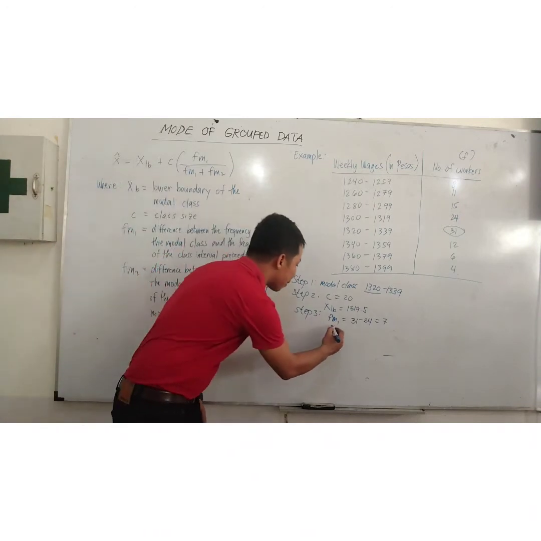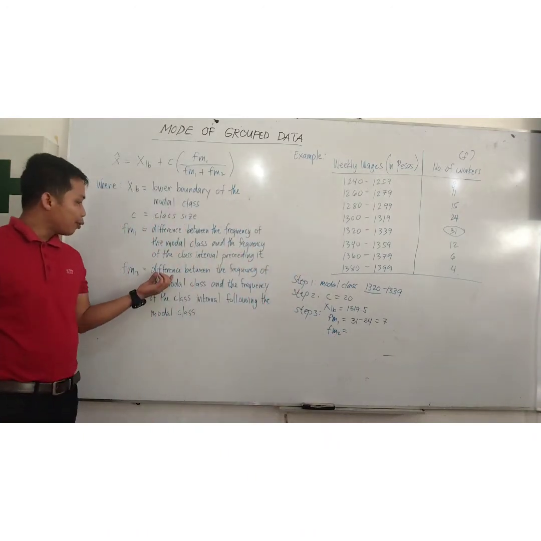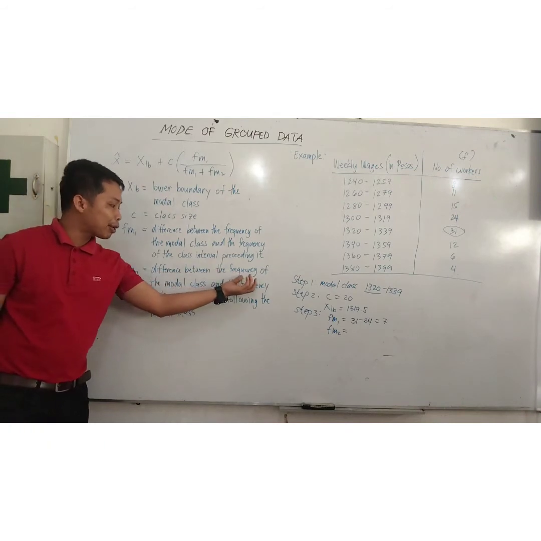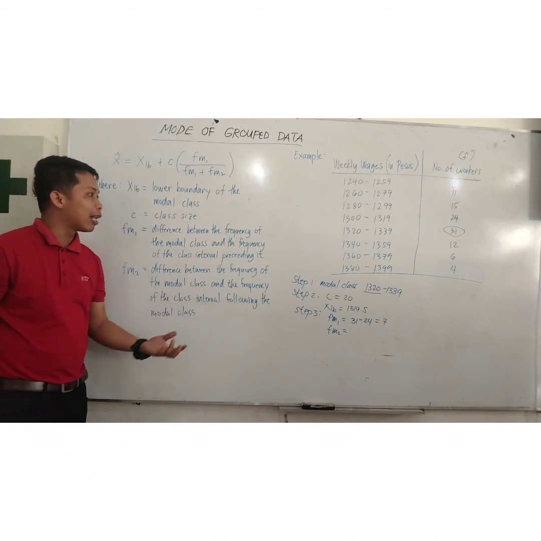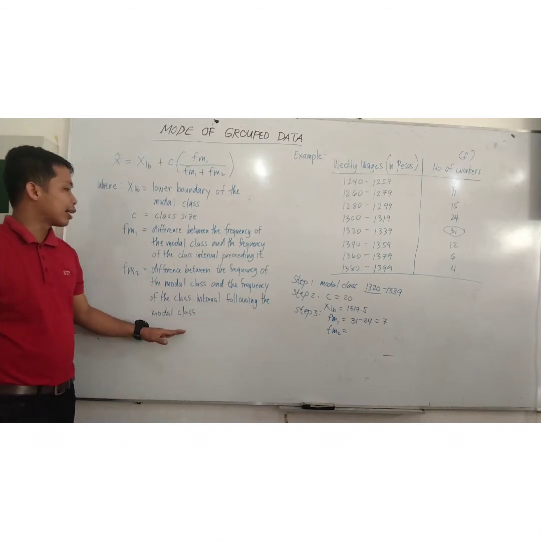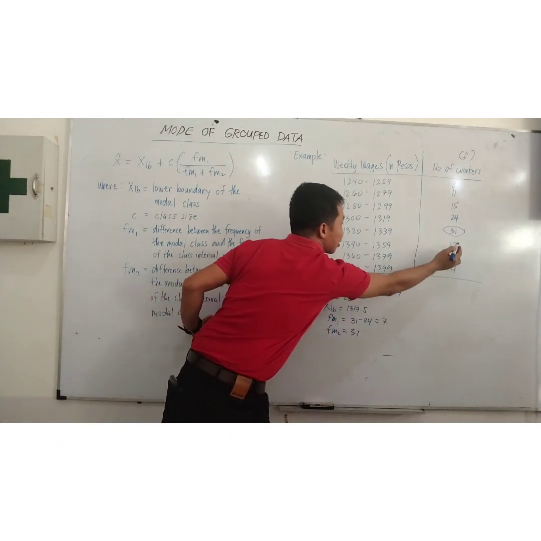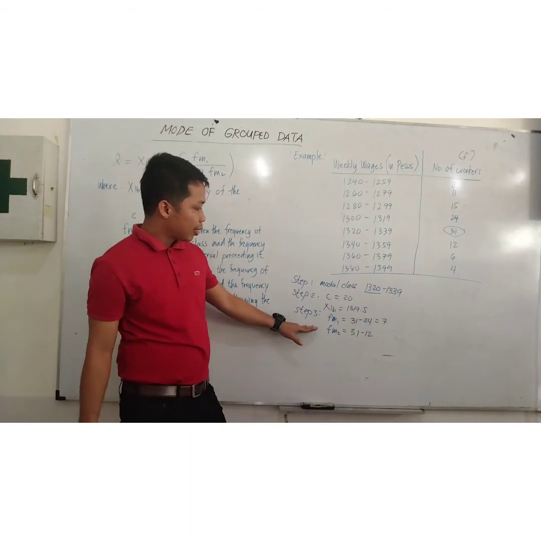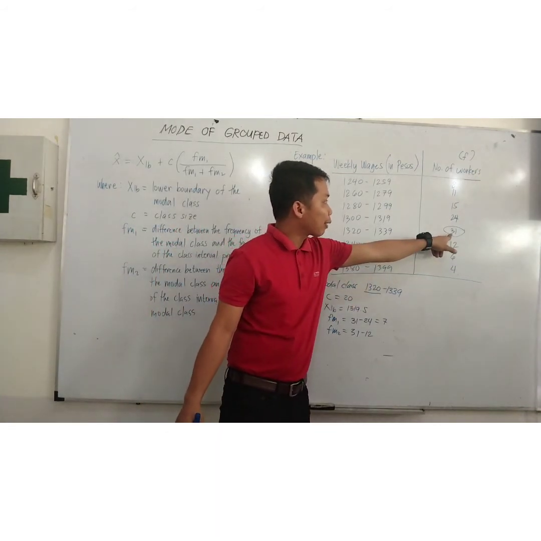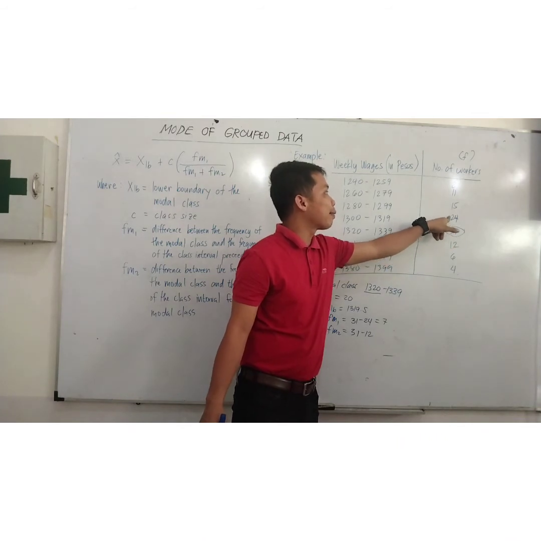How about for fm sub 2? Our fm sub 2 is the difference between the frequency of the modal class and the frequency of the class interval following the modal class. Ibig sabihin, 31 minus 12. Kung yung fm sub 1, yung difference ng frequency ng modal class bago yung frequency na 31, di ba, 31 minus 24.